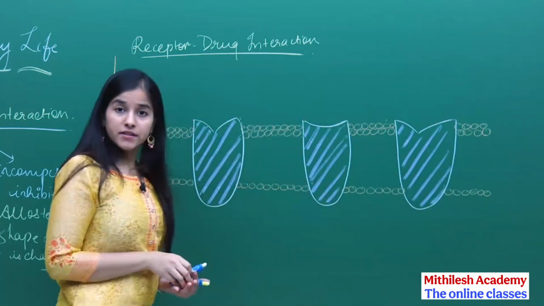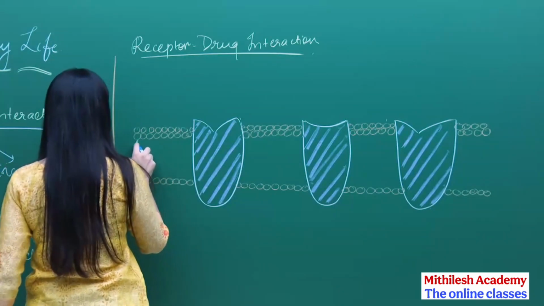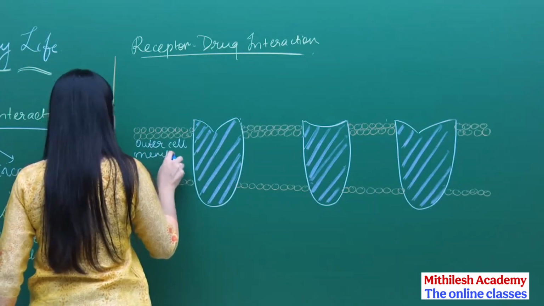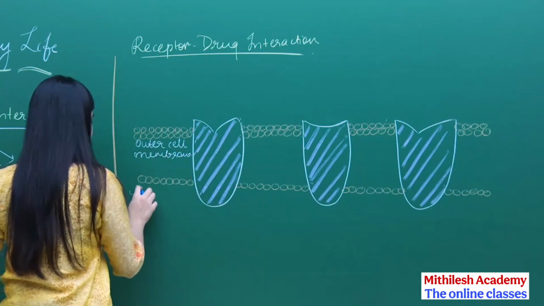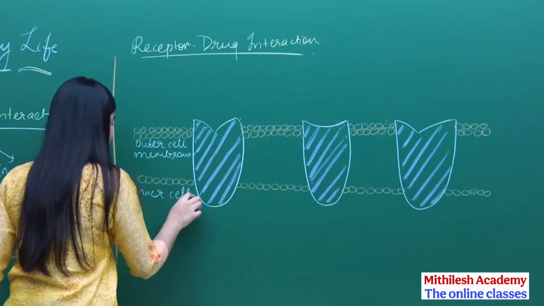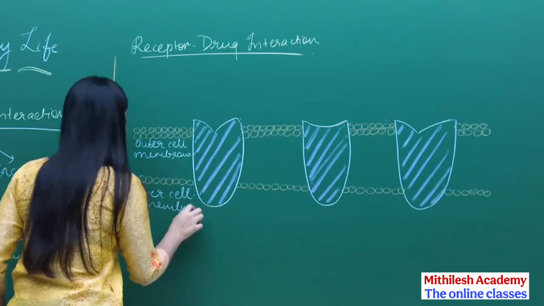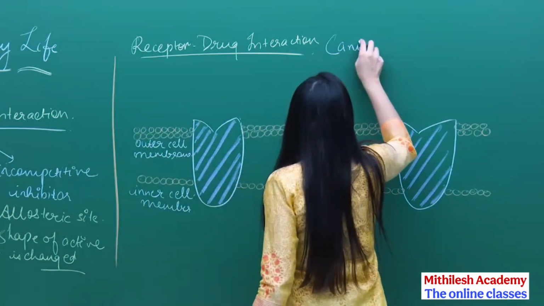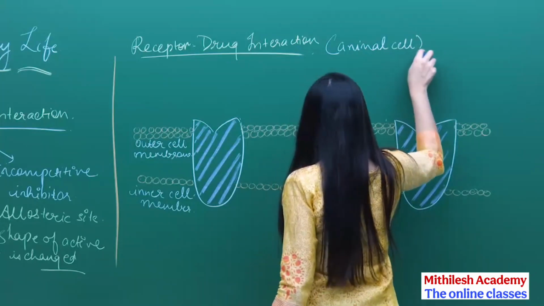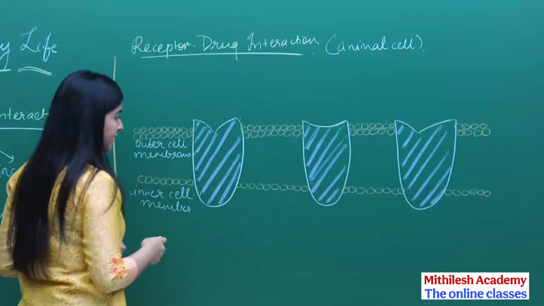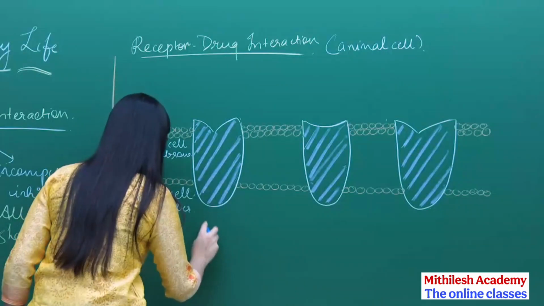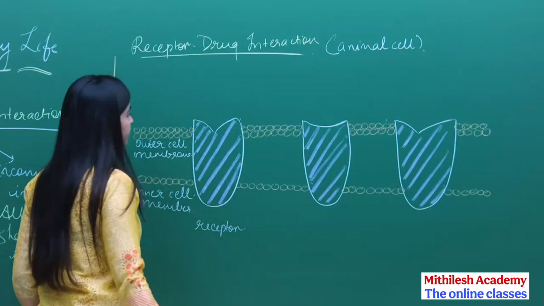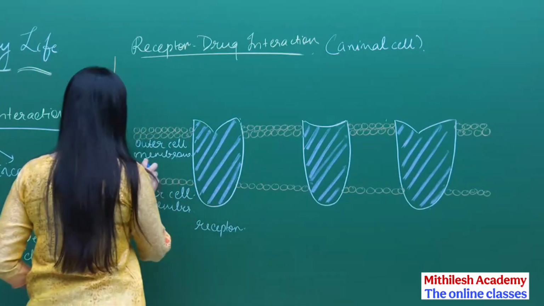So that is how it is going to be. This is the outer cell membrane. This is the inner cell membrane. I hope you all have drawn this. Strictly I am speaking about the animal cell, how the messages are getting transferred. This is the receptor that we have, and now there would be the action.